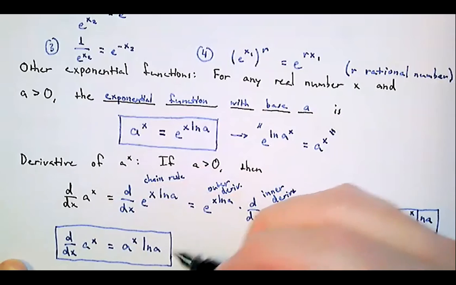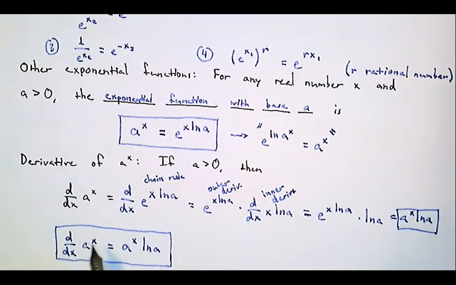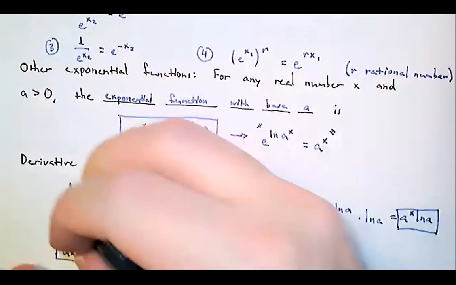So it's very similar to the natural exponential because you do end up with the function that you started with, but instead of just that function, we pick up this extra factor.